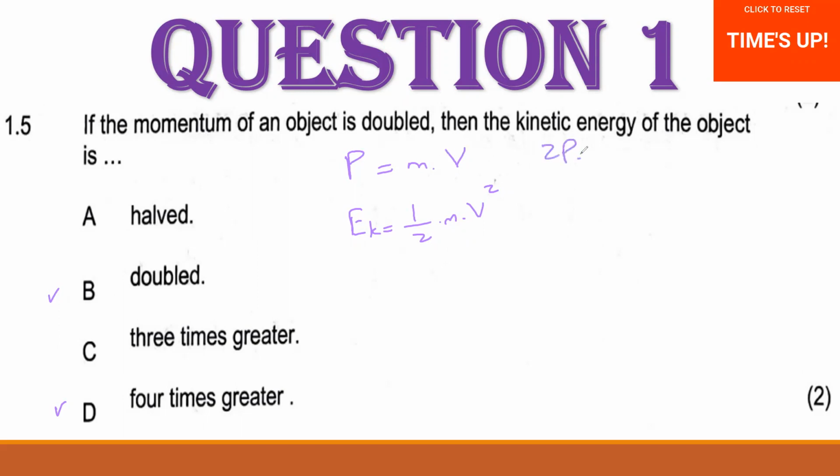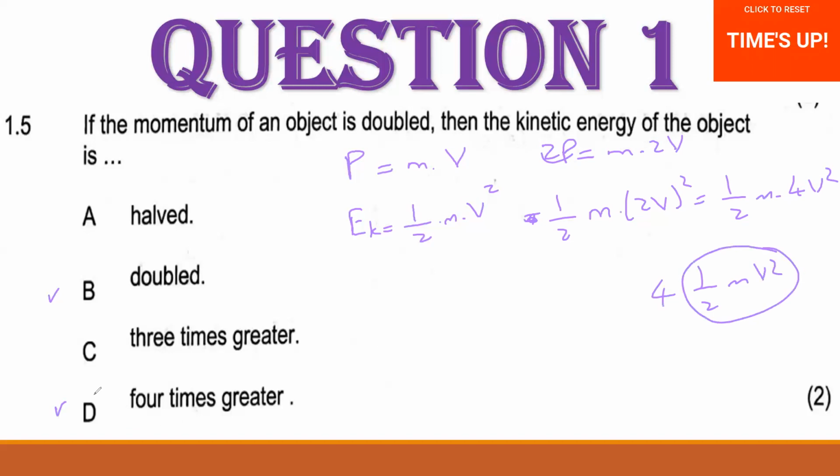And then 2p is equal to m times 2v. So you are making double momentum, yes. And just write 2v here. So kinetic energy is 1/2 times m times 2v squared, and then 1/2 times m times 4v squared. So you can take 4 front: 4 times 1/2 times m times v squared. So we are making 4 times greater.